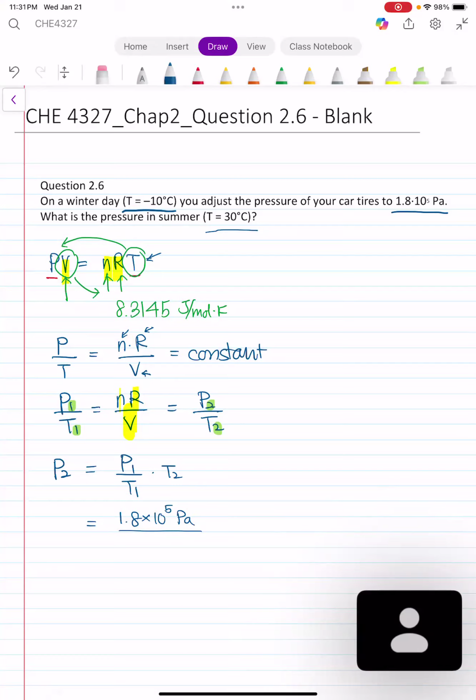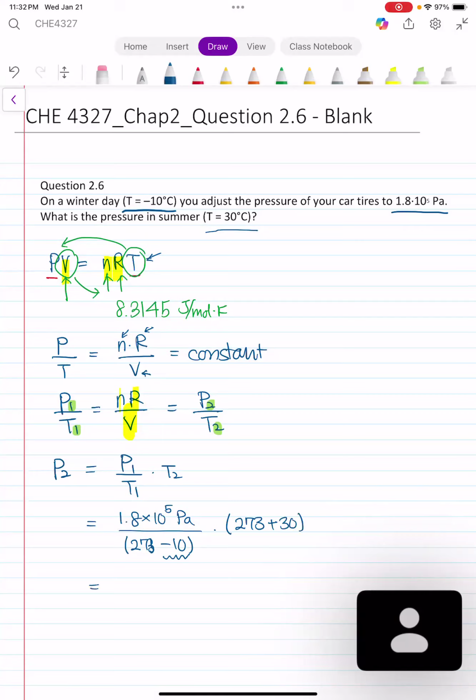So we have to convert the Celsius to Kelvin, which is done by adding 273 to the value of the Celsius. So that's our T1. The minus 10 was our T1. And then our T2, plus 30 degrees Celsius, would be 273 plus 30.